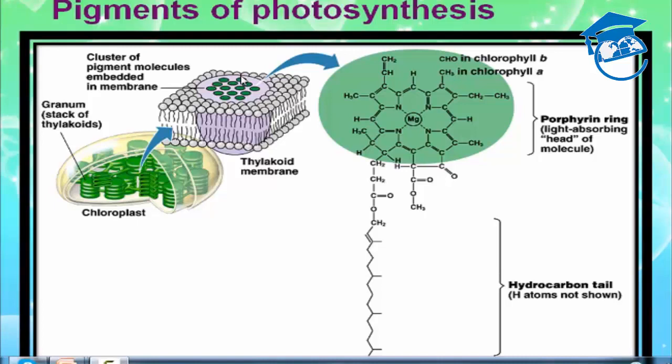So this is your chlorophyll A, and chlorophyll B, which has a magnesium in the center, and this ring is known as the porphyrin ring, which is the light absorbing head of the molecule. This is the head of the chlorophyll molecule. And this is the tail, that is the hydrocarbon tail of your chlorophyll.